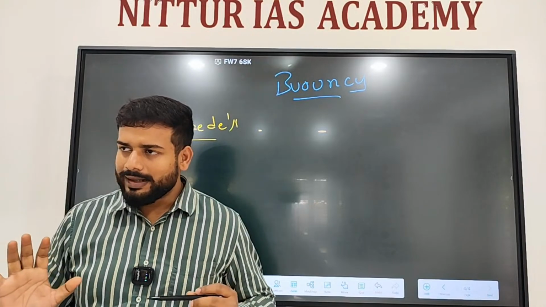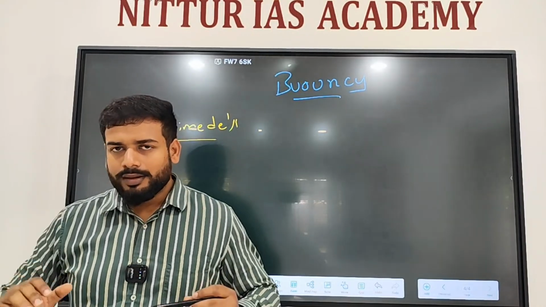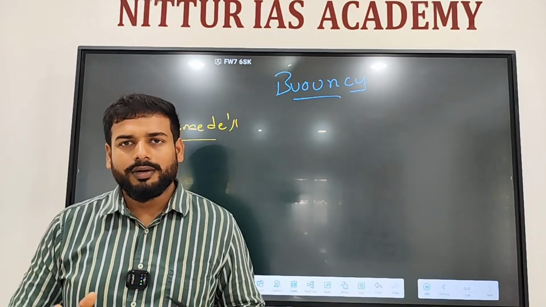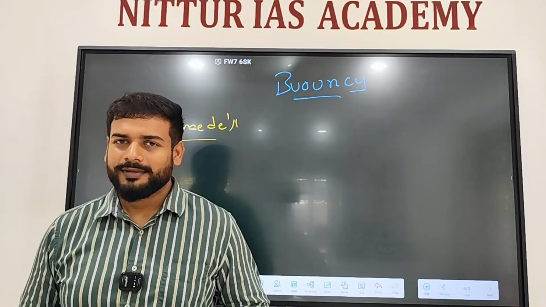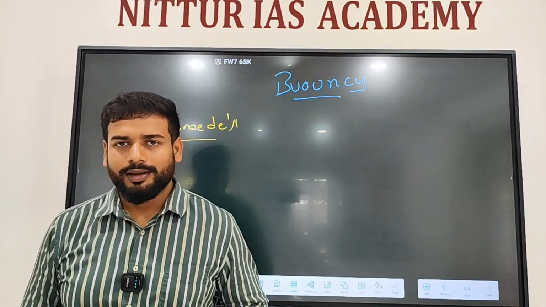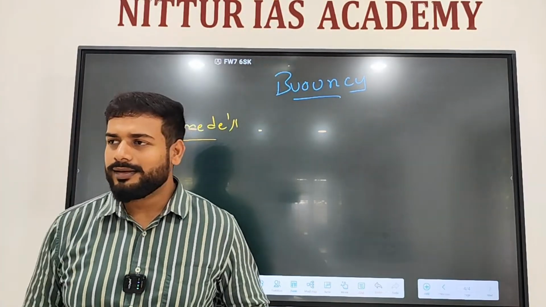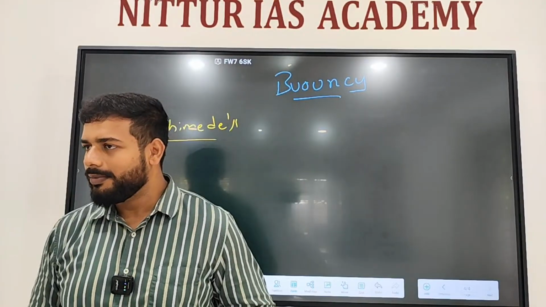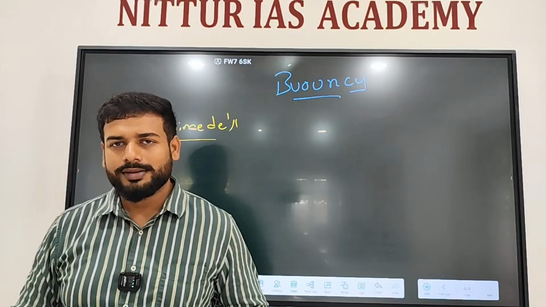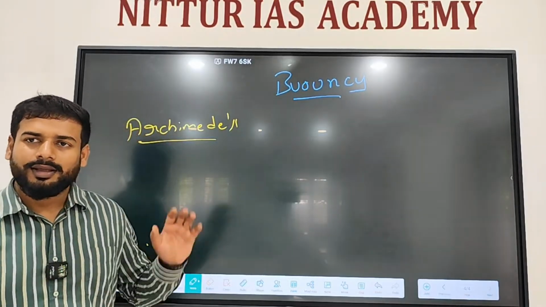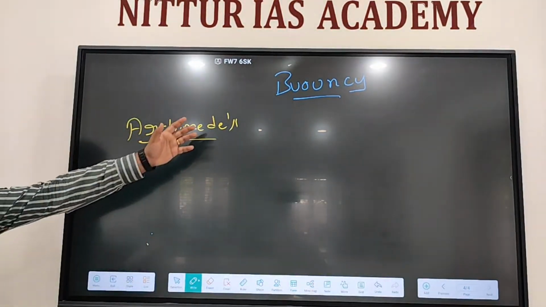He just sat inside the bathtub. The water flowed outside. Then something hit his mind. He ran out telling, Eureka, Eureka. Eureka means I found out something new. That concept is Archimedes principle, buoyancy.